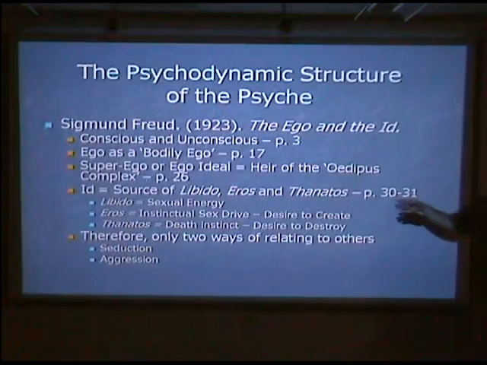Now in the original German, the terms are simply ich, I, for the ego, and es, or it, for the id. So when it was translated by James Strachey and some of the other translators back then, they didn't want to just call it the I and the it. They wanted to have some differentiation in English.